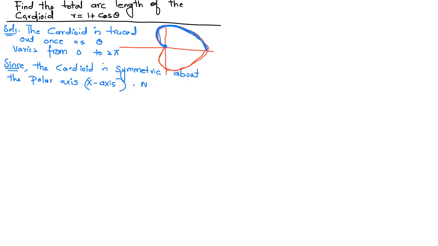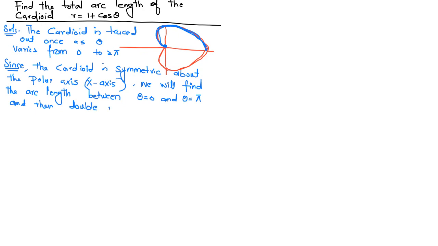So we will find the arc length between theta equal to 0 and theta equal to pi, and then double it. Because when we take from 0 to pi, the same thing you will get down. So because it is symmetric, if you double it, you will find the full arc length.